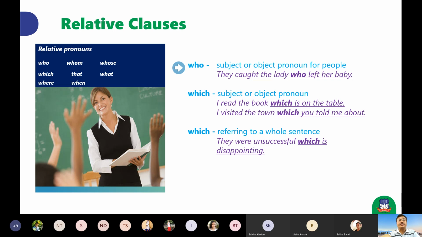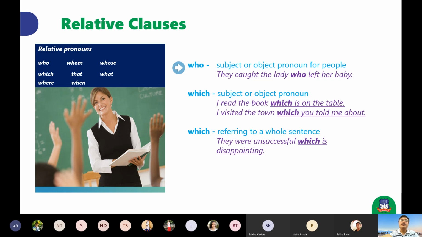And another, which, a subject or object pronoun. This also can be used as a subject or object pronoun, which is for things, animals, or places. I read the book which is on the table. I read the book.